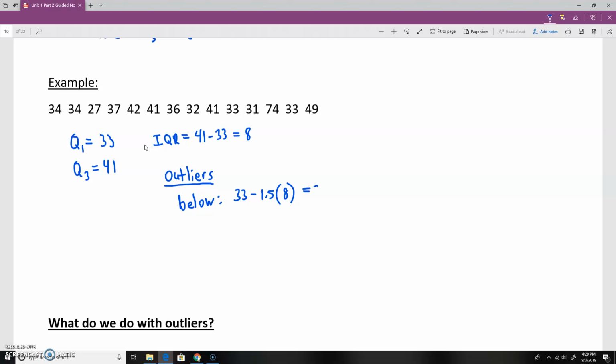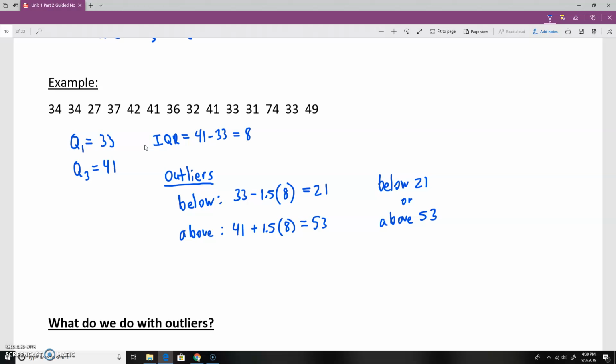If we punch that in a calculator, we get a value of 21, or above 41 plus 1.5 times the IQR, which gives us a value of 53. So our outliers are either below 21 or above 53. Anything that falls into those two categories would be considered an outlier.